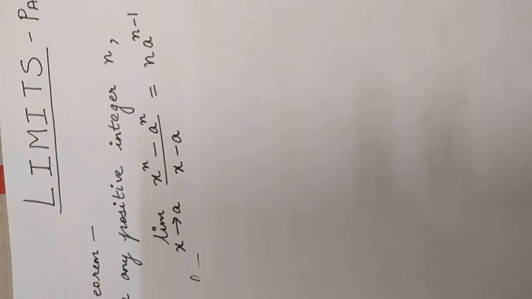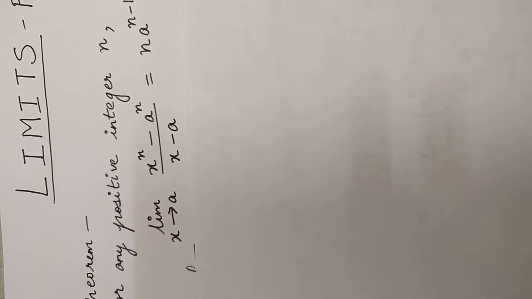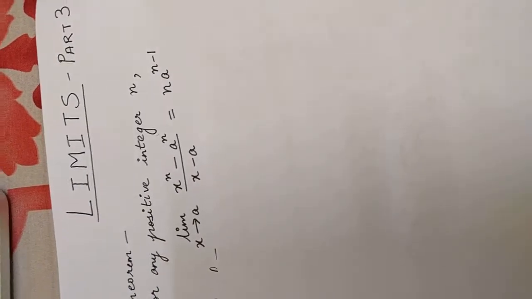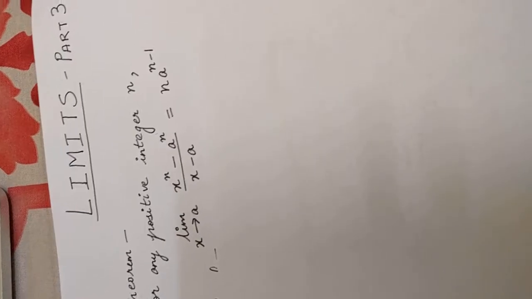if limit x tends to a, x to the power n minus a to the power n upon x minus a equals n a to the power n minus 1. So basically now we have to learn this formula.